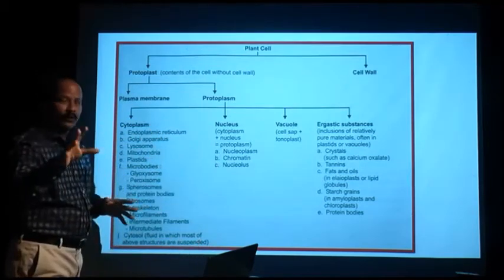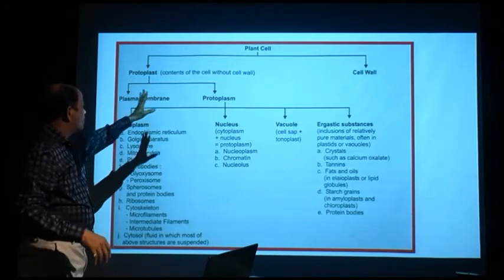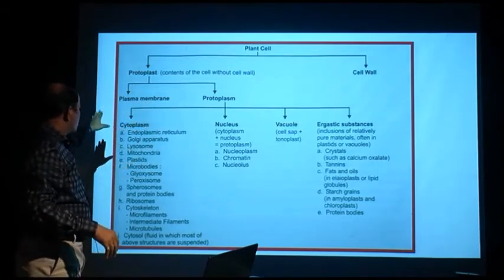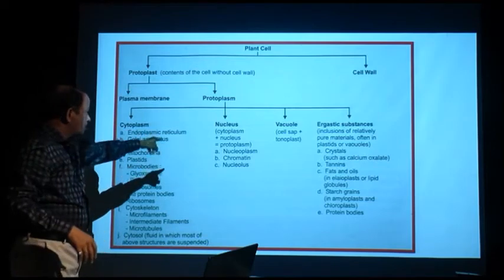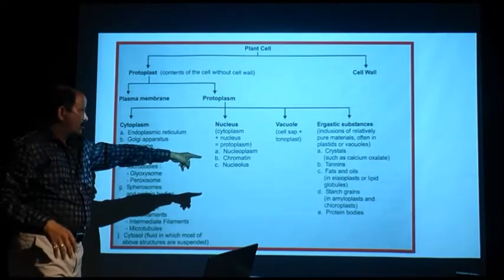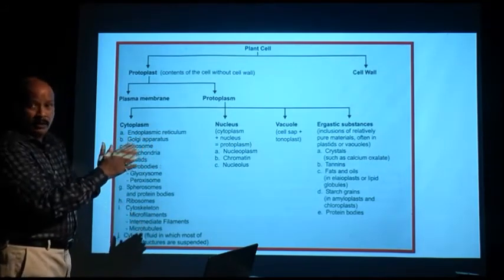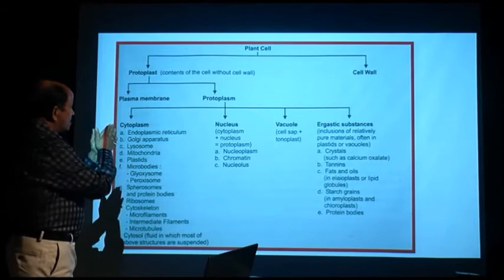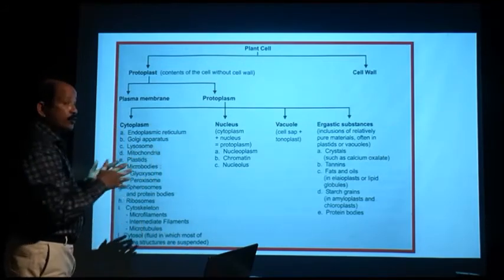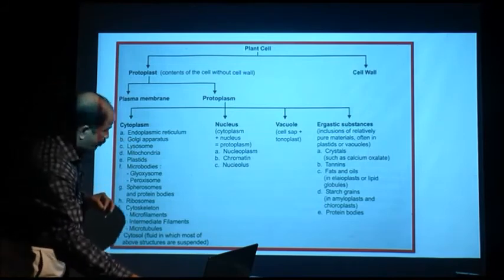So the cell wall provides the shape. Then the plasma membrane and protoplasm. As we discussed, protoplasm has cytoplasm, the nucleus, the vacuole, and the ergastic substances. Everything would be dealt with in detail, but if we go this way, categorizing all the protoplasmic structures, then it would be easy to study the cell structure in detail.